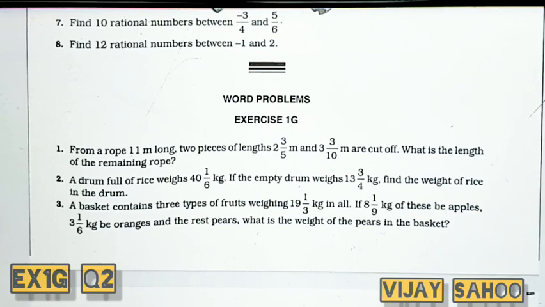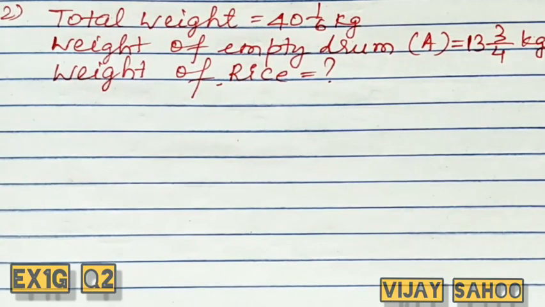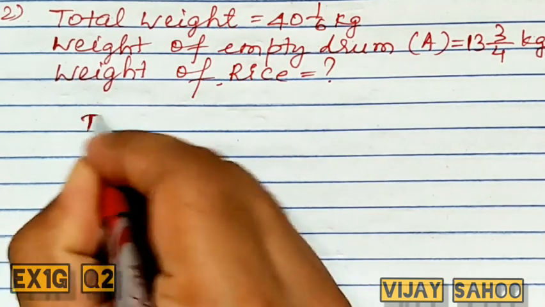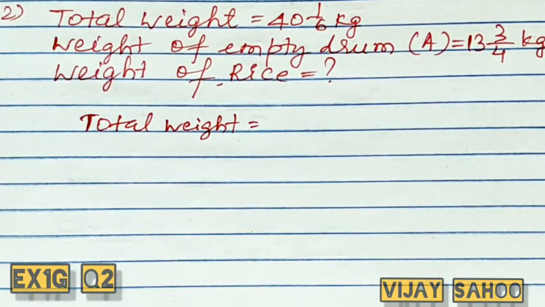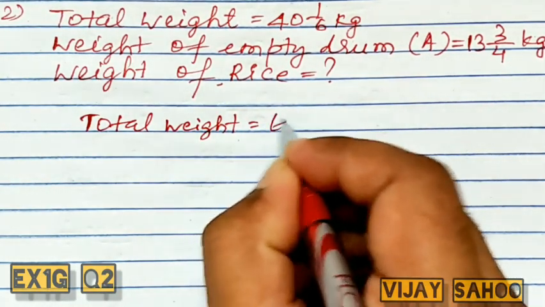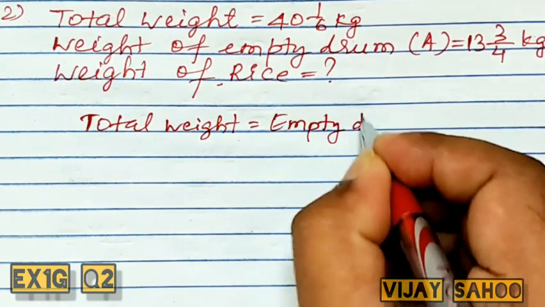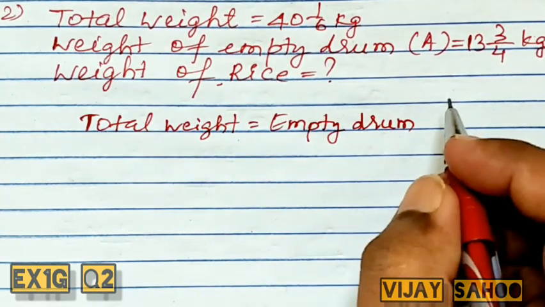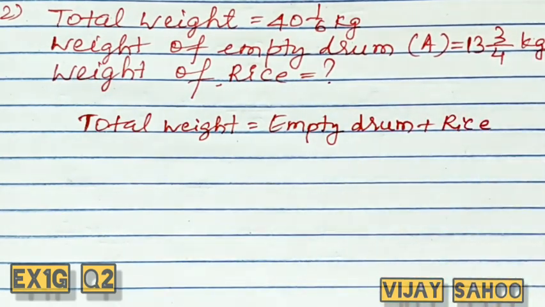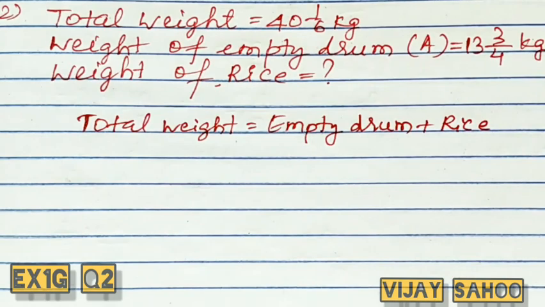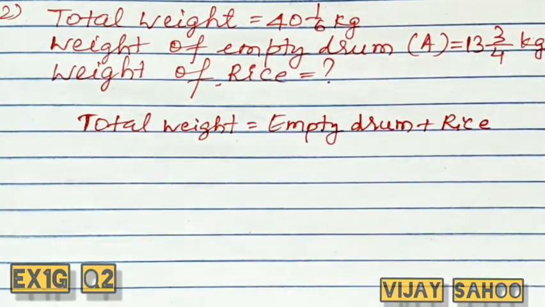Now we'll start the solution for the second question. This is the data given in the question. Total weight including drum and rice is given. So total weight will be the addition of empty drum plus rice. I have written it this way so that it is easier to understand. Total weight is 41 by 6.